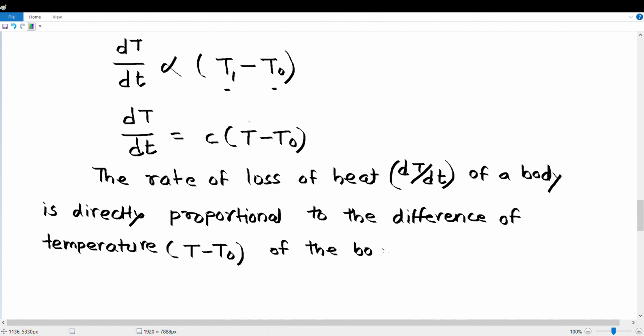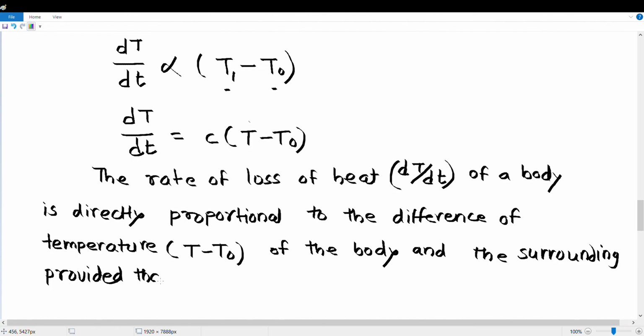What is T? That is the temperature of the body. This holds provided that the difference in temperature is small.